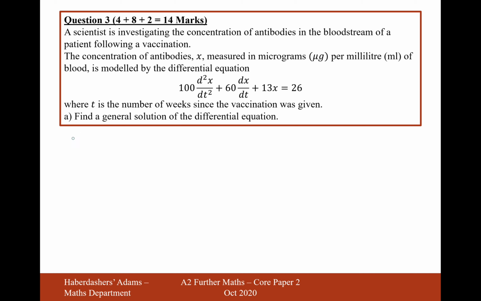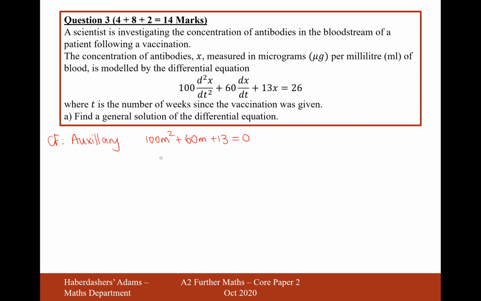So first of all, let's find the auxiliary equation for the complementary function. So it's going to be 100m squared plus 60m plus 13 equals 0. So let's go to the quadratic polynomial solver mode on our calculator. Go right down to the bottom to 100, 60 and 13.